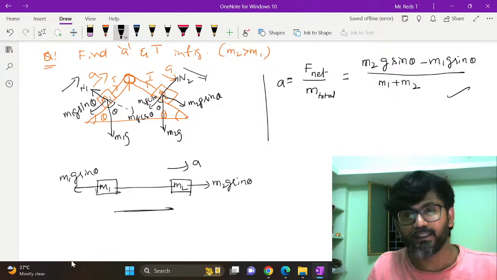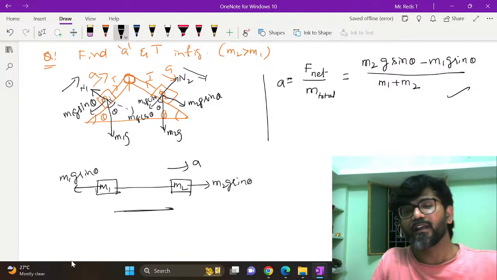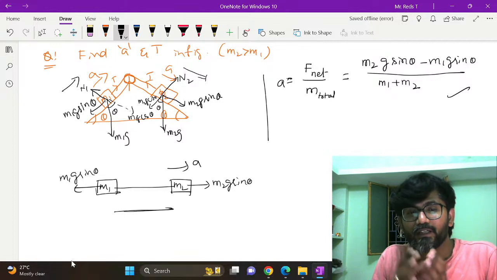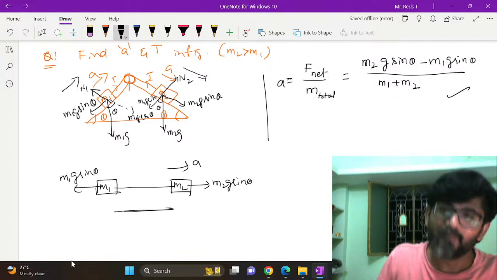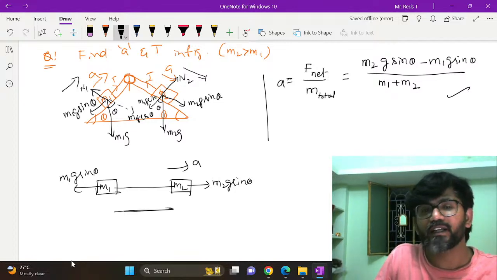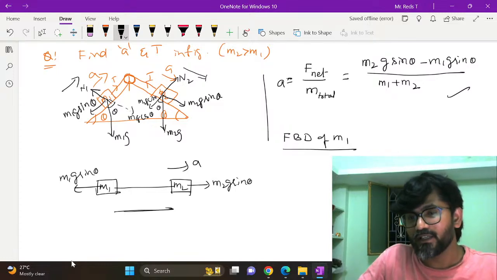Next, to find the tension, write the equation of motion directly. If you are comfortable by now, you can directly write the equation of motion, guys. But I will draw a free body diagram and write the equation of motion for any one of the bodies. Let us say for M1, the free body diagram of M1. Here M1 is on the inclined surface.